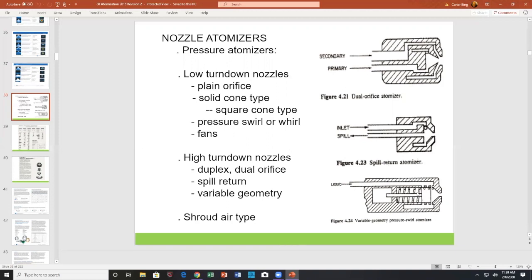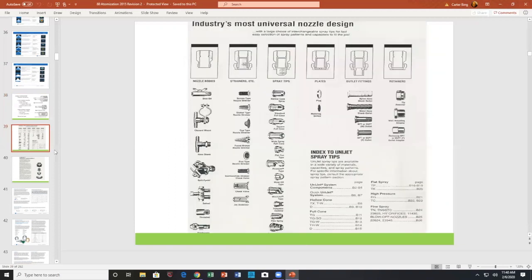And then you have a spring. For liquids, the spring's fine. But for liquids with solids in it, the spring might be somewhat problematic. Again, I listed this out of Spraying Systems, really great. The different components of a nozzle. It's just not a nozzle.